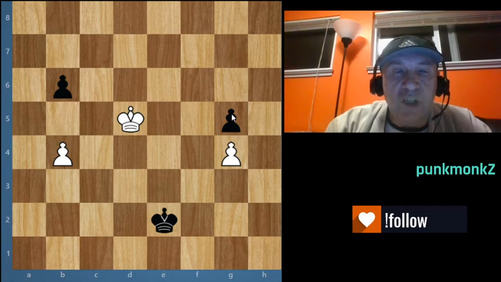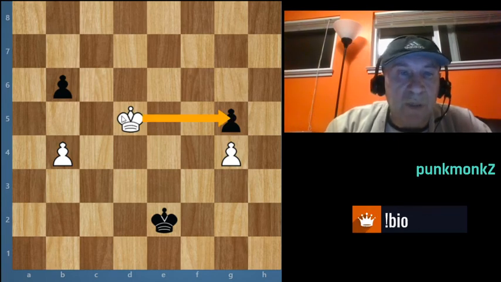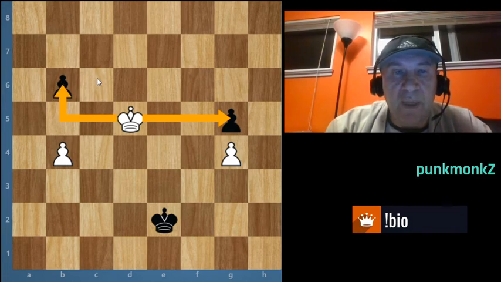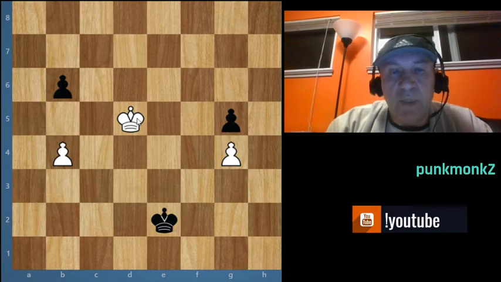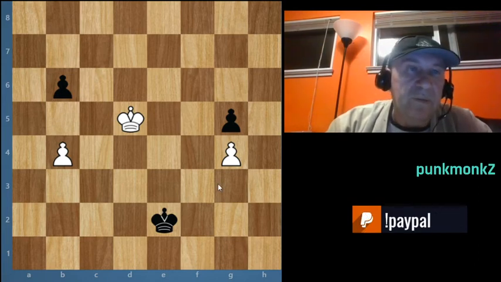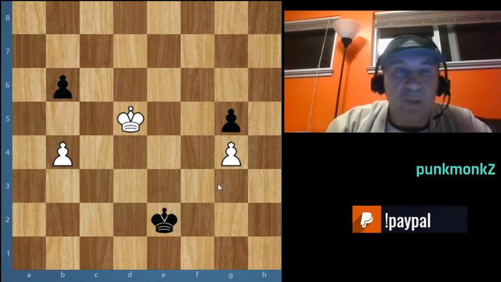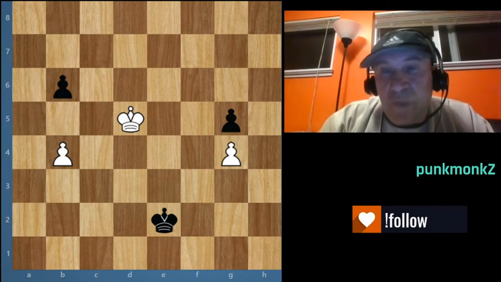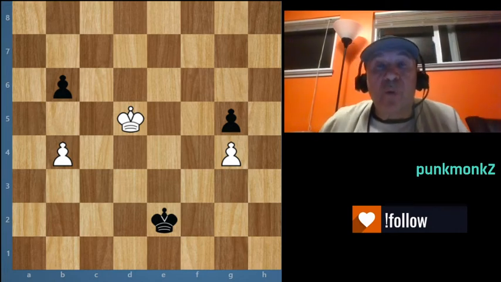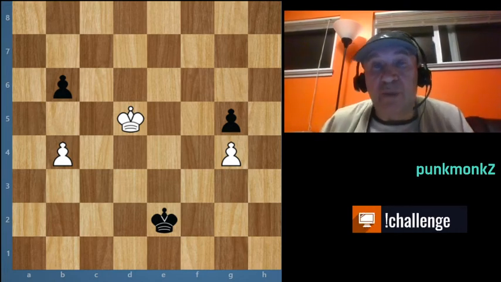Which count is better for white, going for the G pawn or going for the B pawn? White is going to make the choice, and when white makes the choice, black is going to take the opposite. So now it becomes a domino effect. White will have to make the right direction. What is the correct direction? And the only way to know it is to do the count for both the B pawn and the G pawn.